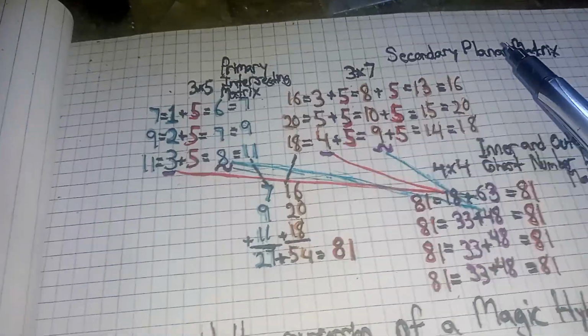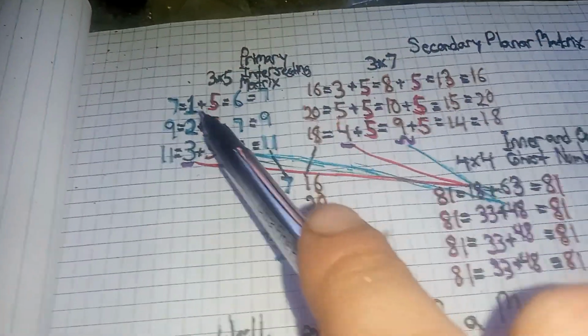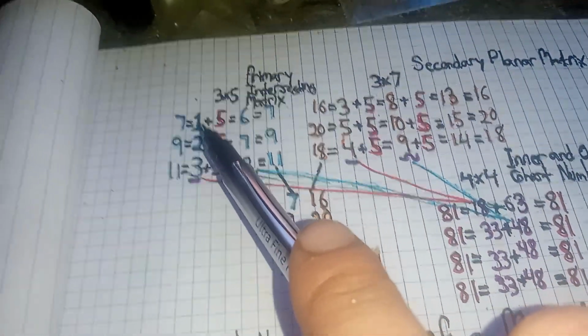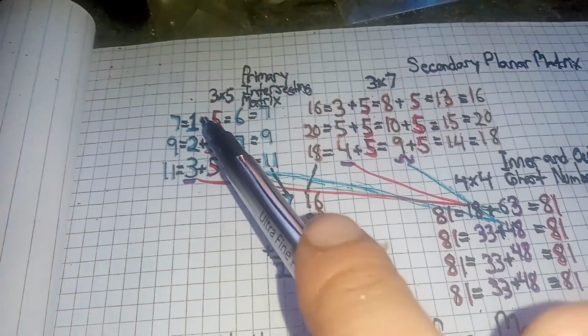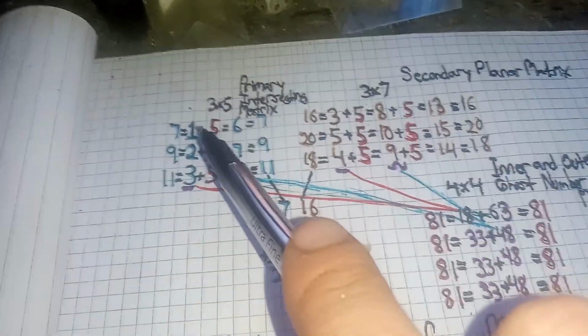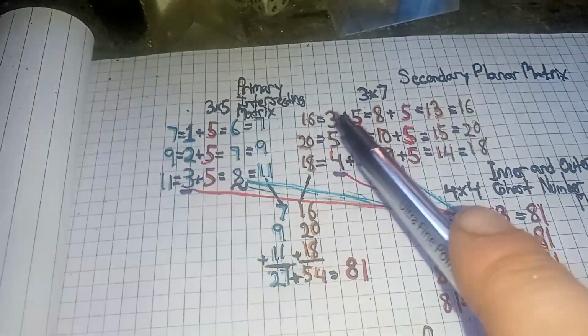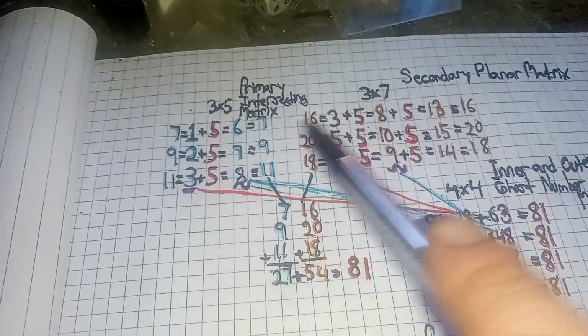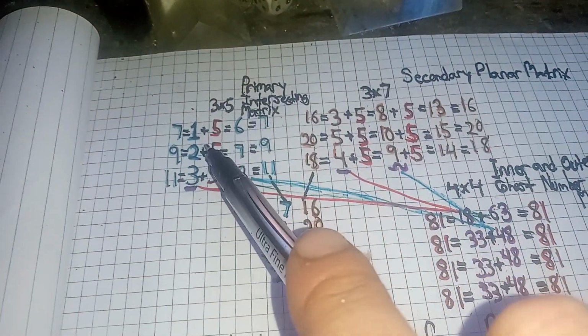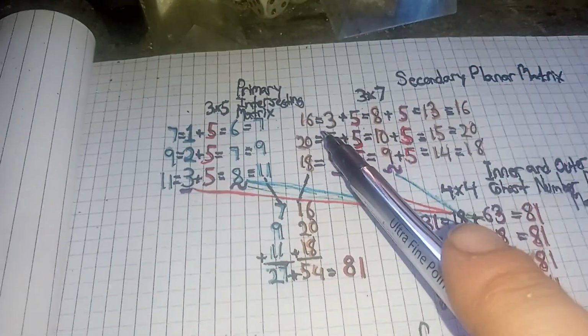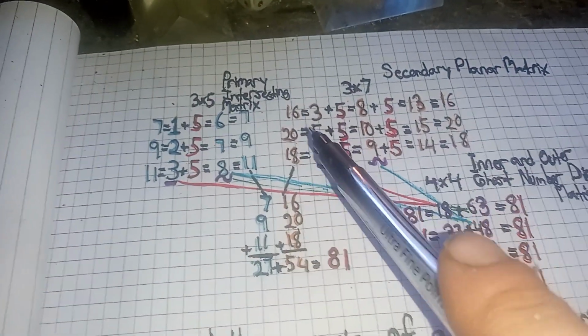And how do you get this secondary planar matrix? You find the combinations of 1, 2, and 3 in 2 pairs each. Like 1 plus 2 is 3, 1 plus 3 is 4, and 2 plus 3 is 5. Those are the only combinations you can have.